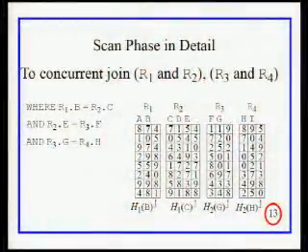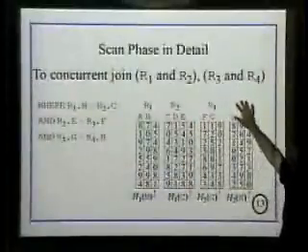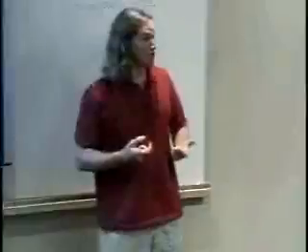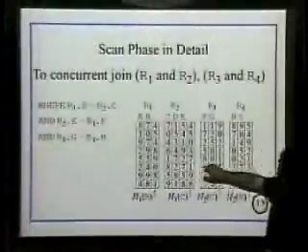So here's an example of a scan phase. I've got a 4-way join, and this level-wise step is composed of two two-way joins. So we've got 2 attributes, 3 attributes, 2, and 2.